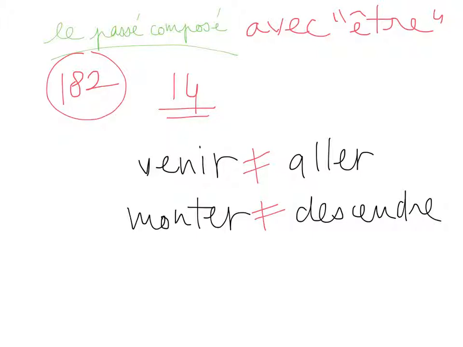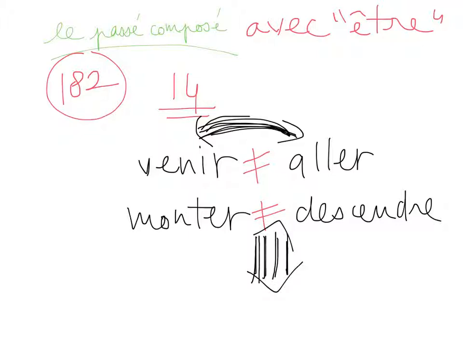The first thing is that they are all verbs of movement. Venir et aller. You can aller, venir, like that. Second one right here, you can monter, and descendre. So they are what we call verbes de mouvement.